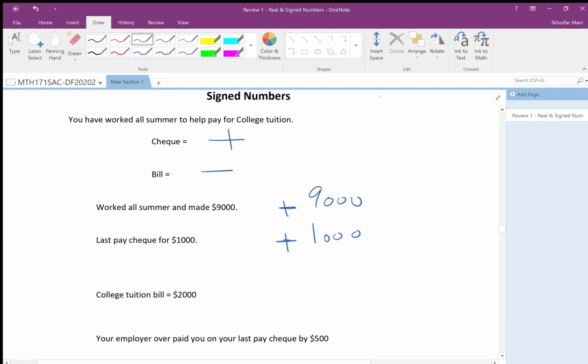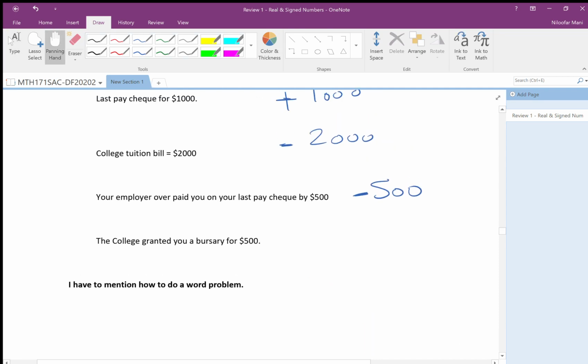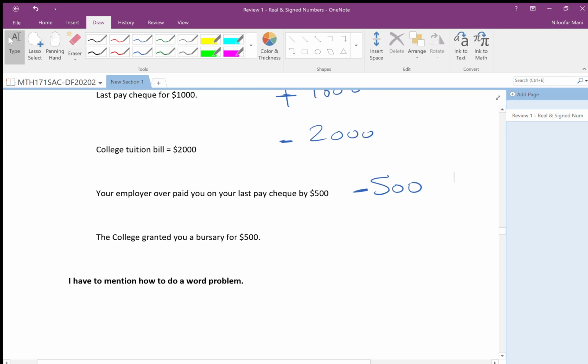College tuition fee, which these days is more than this, is $2,000, so negative because it's going from your account. Your employer overpaid you and made a mistake and you have to give it back, so it's minus 500 because it's going from your account. The college granted you a bursary, so you applied for a bursary maybe, and they gave you this, so it came to your account.